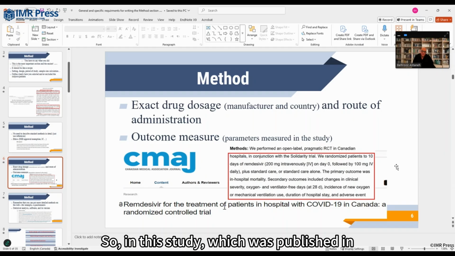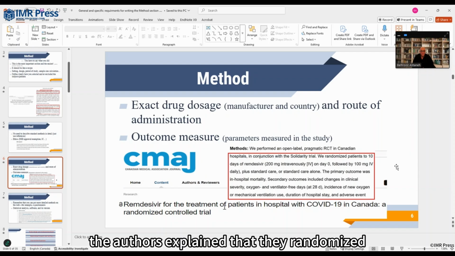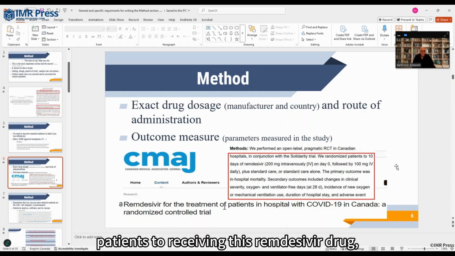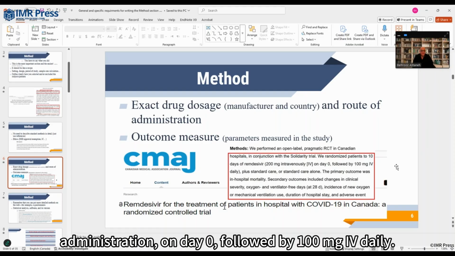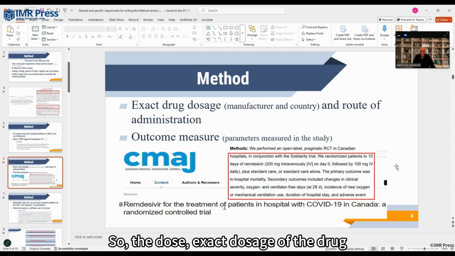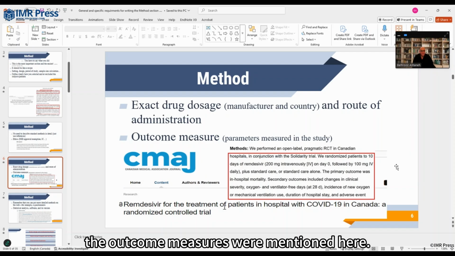So in this study, which was published in the Canadian Medical Association journals, the authors explained that they randomized patients to receiving this remdesivir drug, 200 milligram intravenously, which is route of administration, on day 0, followed by 100 milligram IV daily. So the exact dosage of the drug is mentioned here, and route of administration, and the outcome measures were mentioned here.